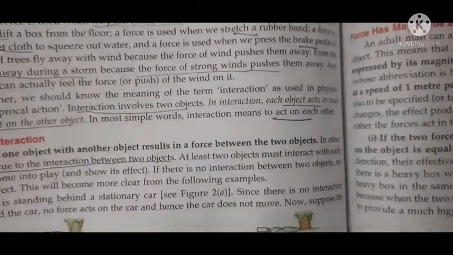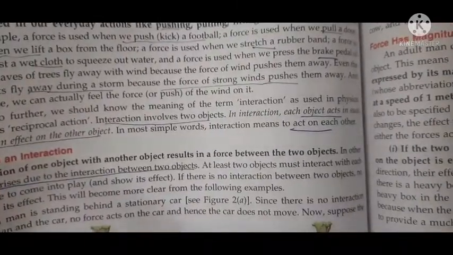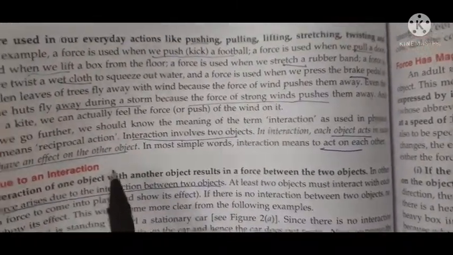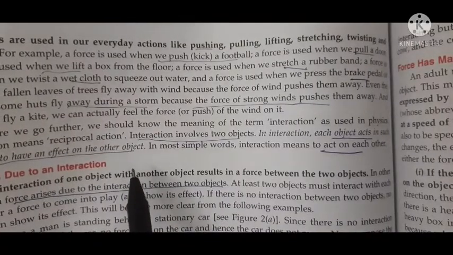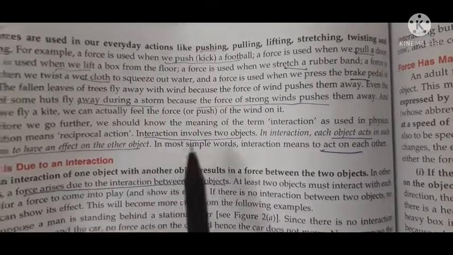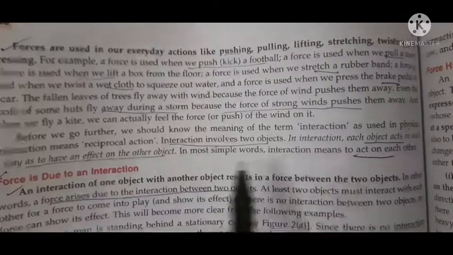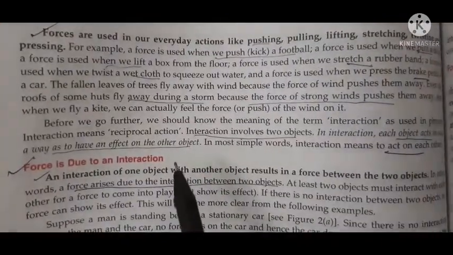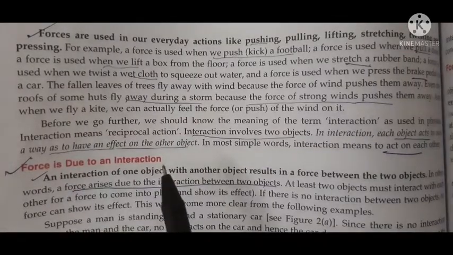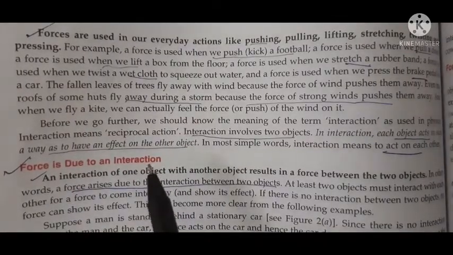Now please pay attention, very important. Force is due to an interaction. Force arises when two bodies interact. Now this chapter is a physics chapter, force and pressure. So in physics, objects or things, we call them bodies.